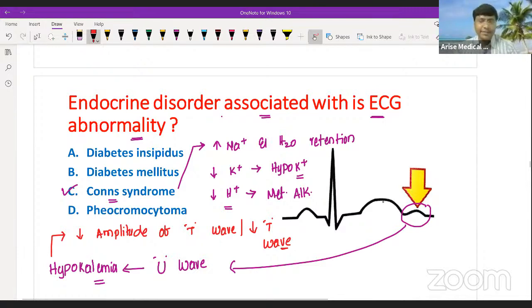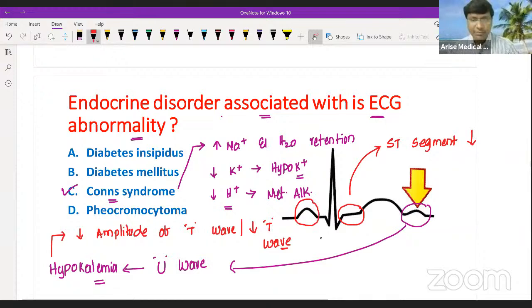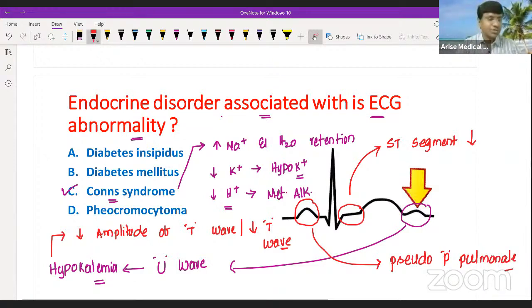And in hypokalemia, the ST segment will be depressed, and if you take the P wave, they will have what is called pseudo P pulmonale. So these are the ECG changes in hypokalemia.